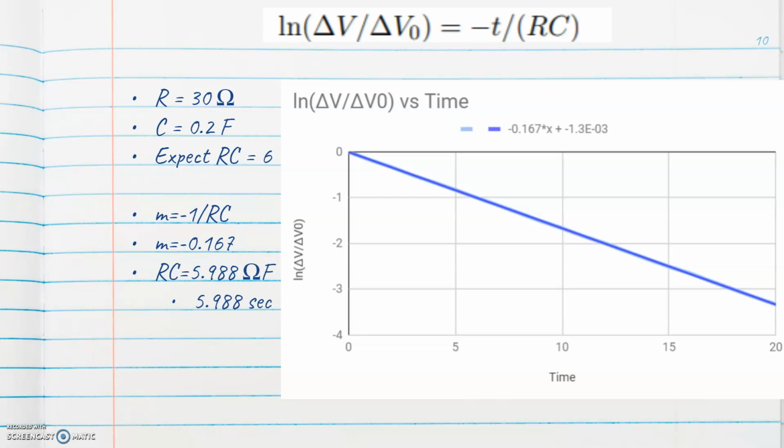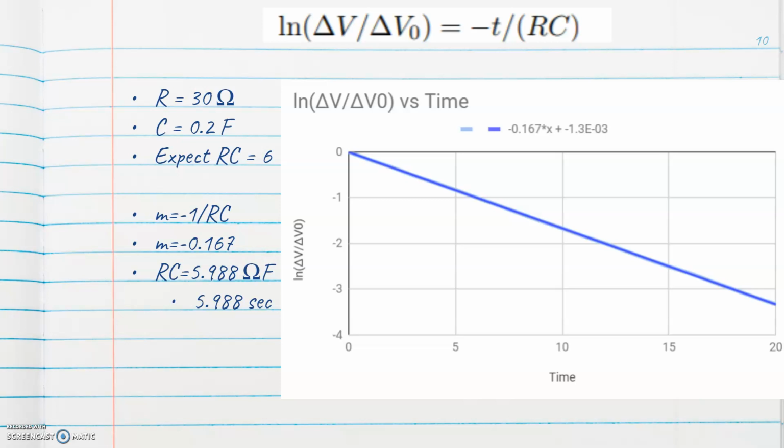We had to graph the natural log of the change in potential difference over the original potential difference, and using that we could find the slope, which is negative 1 over RC. Using the line of best fit, I got that my slope was negative 0.167.